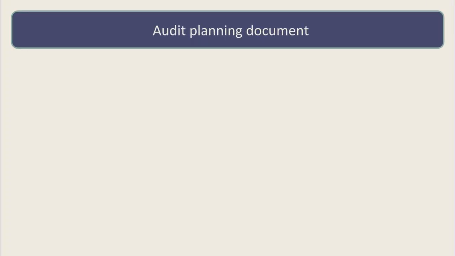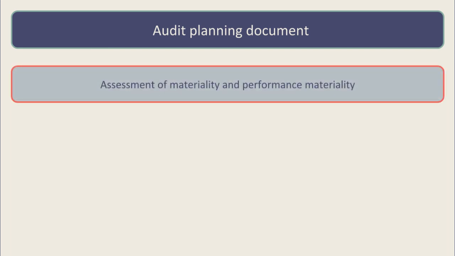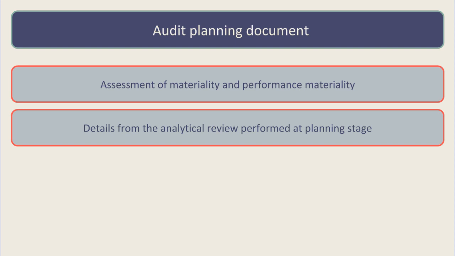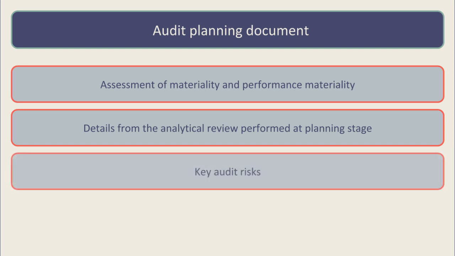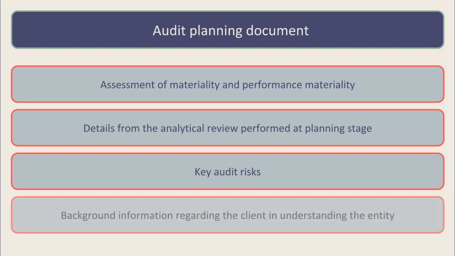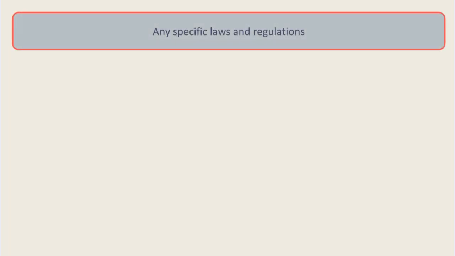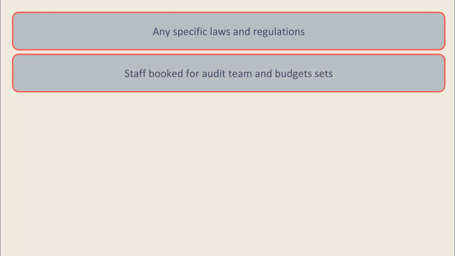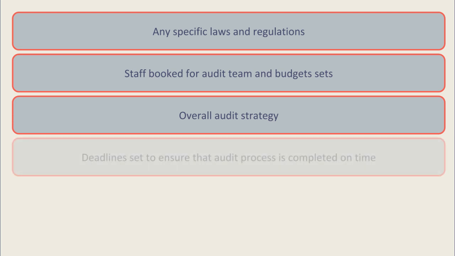The audit planning document must prove that the audit team planned effectively and will include the following: an assessment of materiality and performance materiality, details from the analytical review performed at the planning stage, key audit risks, background information regarding the client in understanding the entity, any specific laws and regulations, staff booked for the audit team and budgets set, the overall audit strategy, and deadlines set to ensure the audit process is completed on time.